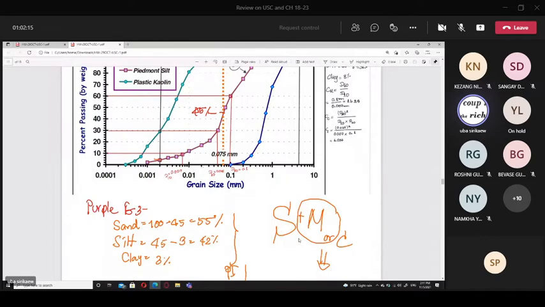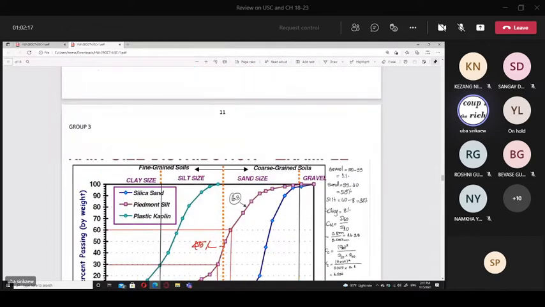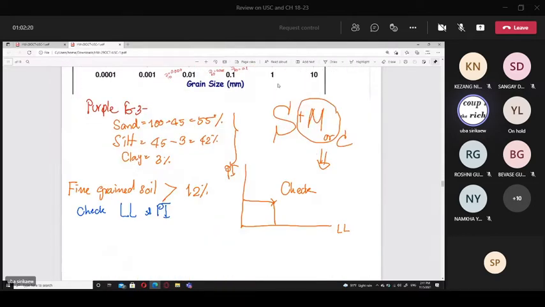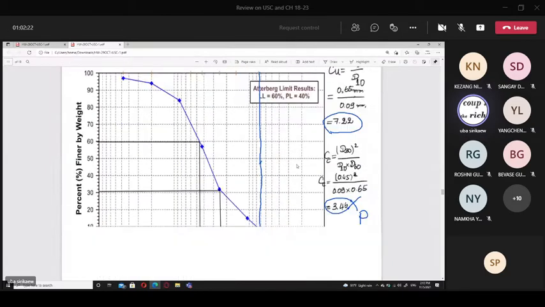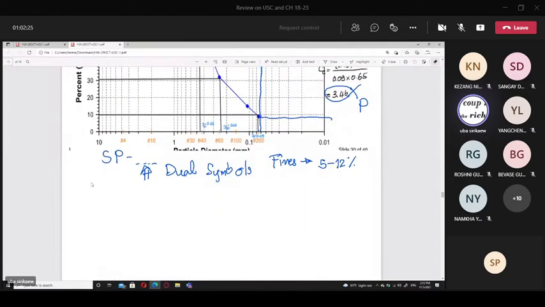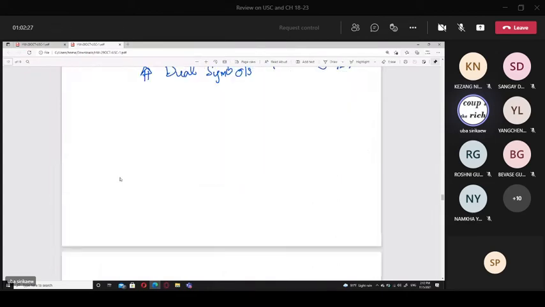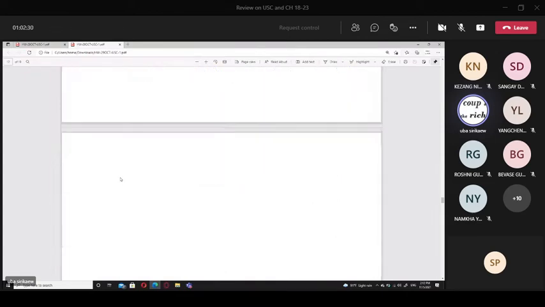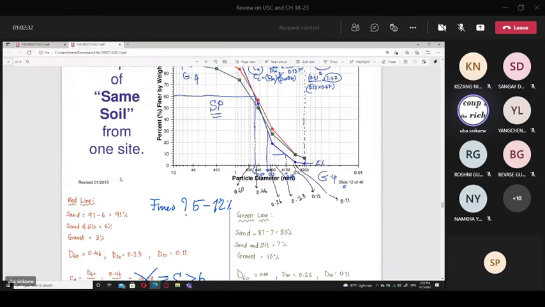I showed you how to do it already, but you have to give me the detail of why SM. Why, when you give this, did it become SP? Why? Okay, I let you work in groups for 30 minutes and we come back again at about 2:45. Just give me the answer: what is the soil classification of what I gave you last week to work with. Any question?